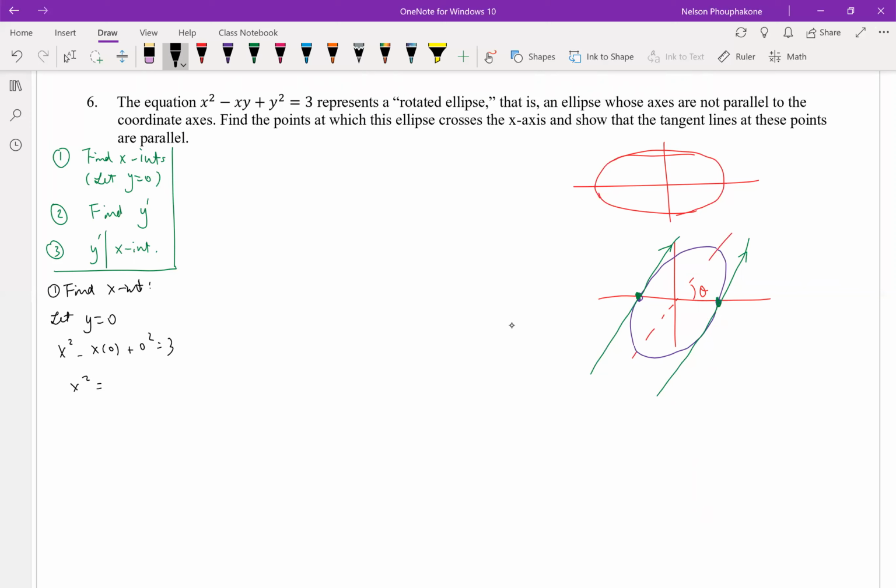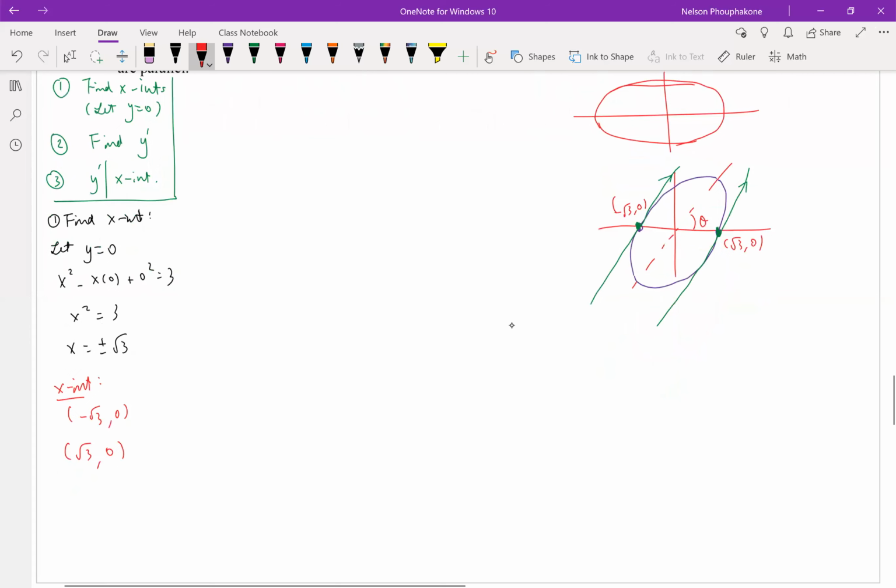So x squared is equal to 3, or x is plus or minus root 3. Easy, huh? So we have the 2 x-intercepts. The first is (negative root 3, 0), and the second is (root 3, 0).